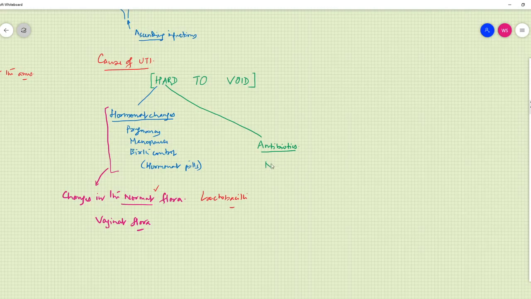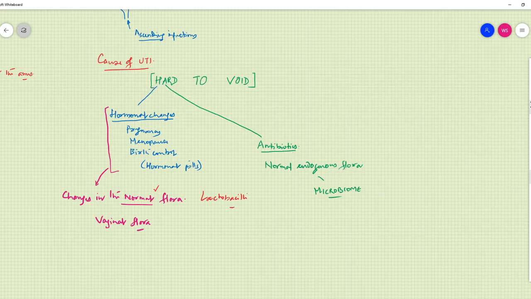So the normal endogenous flora is technically called the microbiome. Okay, so the antibiotics kill the normal endogenous flora, and that can, again, as we previously discussed, cause the person to be susceptible to UTI.